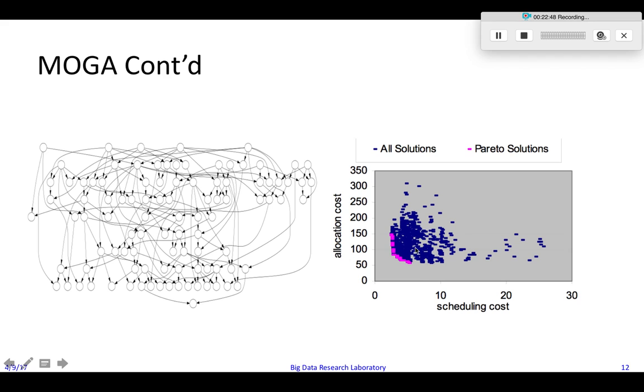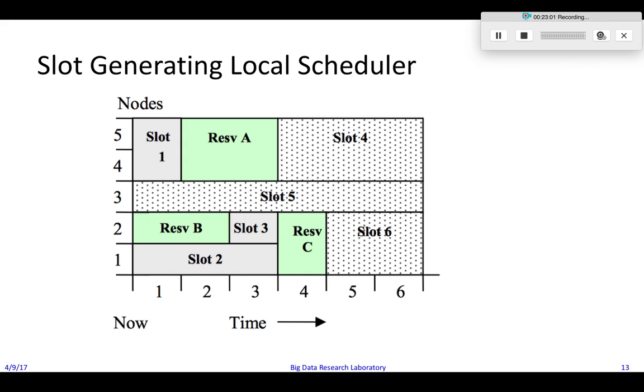Then we can use the existing 40 Pareto solutions to get the minimized value of the single optimization problem. But in order to compare the proposed method and the best effort method, the author proposed the slot generating local scheduler.